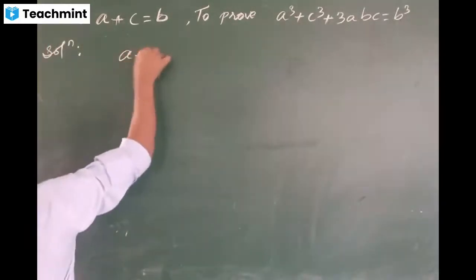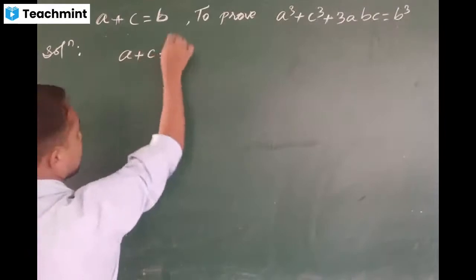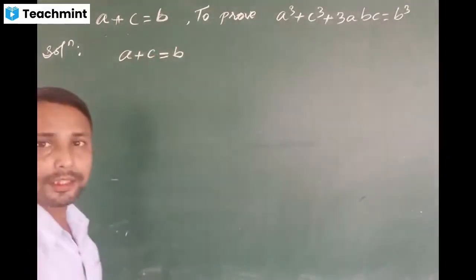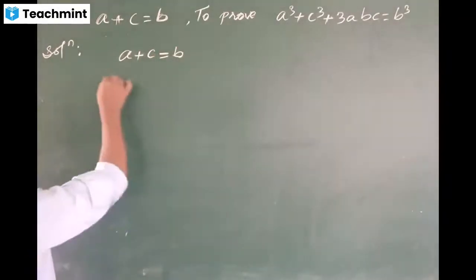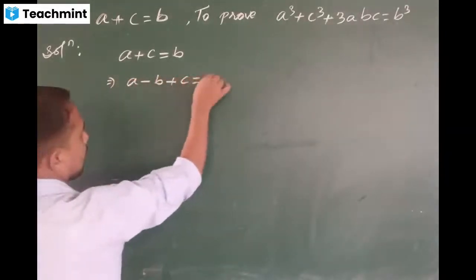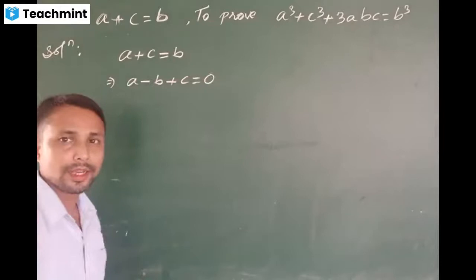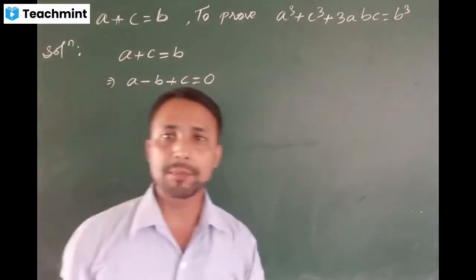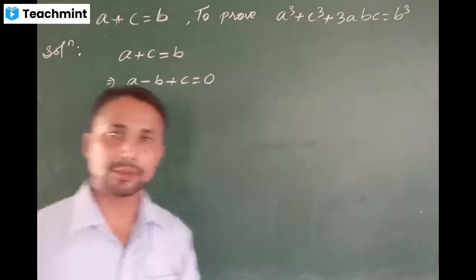Now A + C = B, which means A − B + C = 0.